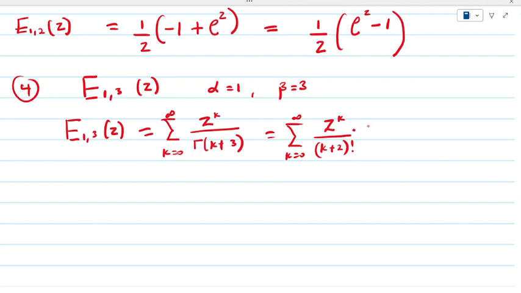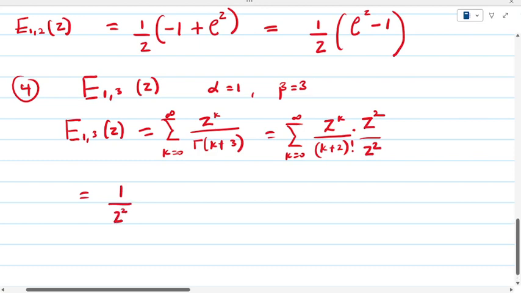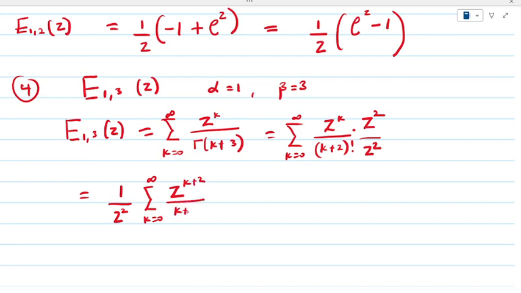Here I'm going to multiply this by z to the power 2 and also divide by z to the power 2. Taking 1 over z to the power 2 outside, I'm going to have the summation k equals 0 to infinity of z to the power (k plus 2), according to the law of indices, over (k plus 2) factorial. Here I can say let k plus 2 equals n, and at k equals 0, n equals 2.